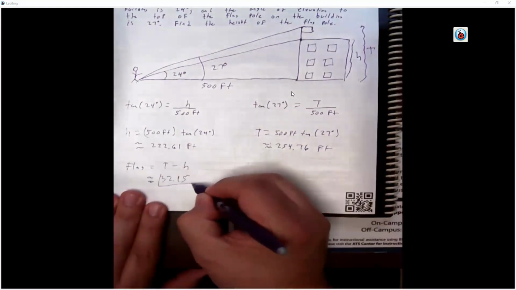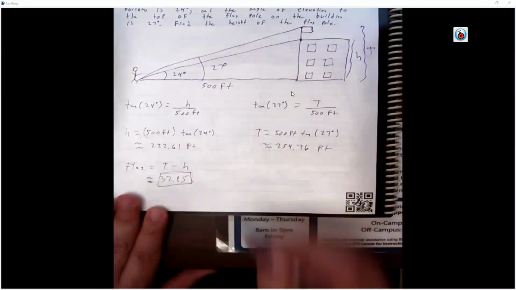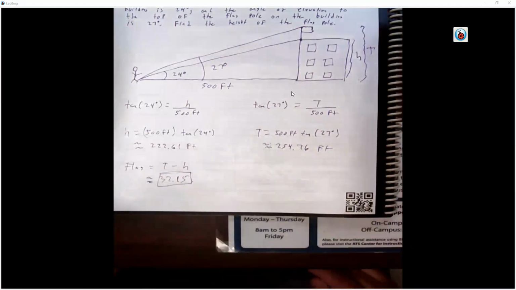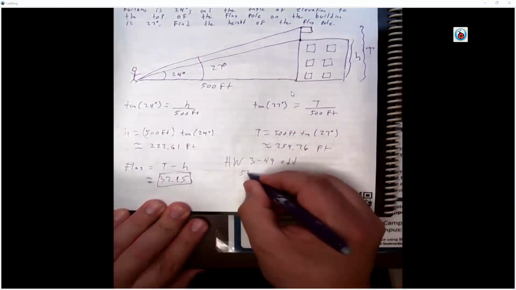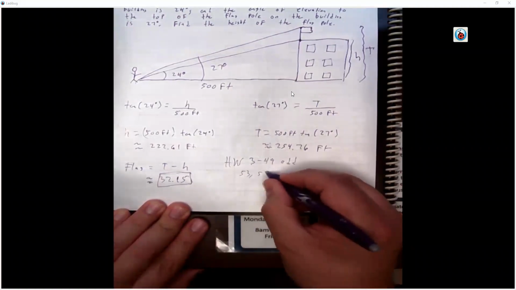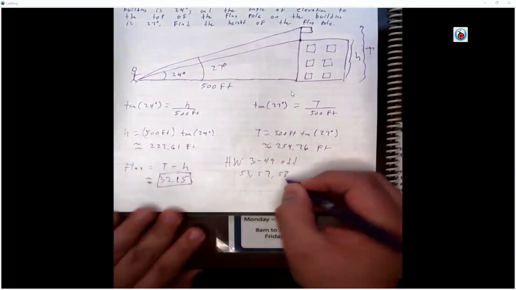That's the flag. Any questions on the approach? Is it okay? Okay.